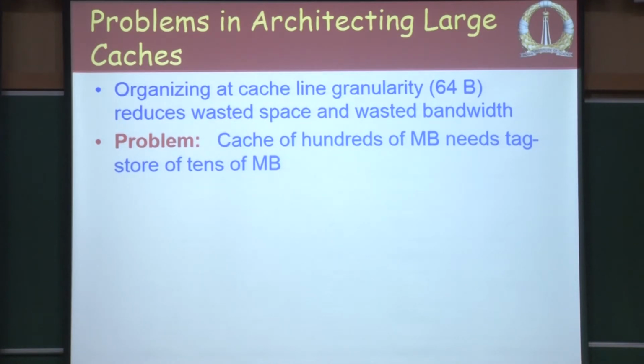For example, for a 1 GB DRAM cache, I might require maybe about 2 MB or 4 MB of metadata. 2 MB of metadata in SRAM is very expensive, and that is why your L3 SRAM cache is no bigger than 2 MB or 4 MB.